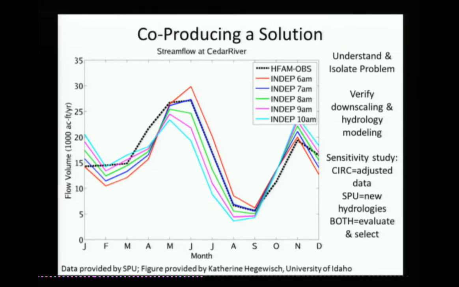And so like Joan mentioned, we first thought, okay, let's make sure the downscaling was right, the hydrology modeling was right, everything was fine, and we really isolated this hourly disaggregation issue. And together we have a meeting tomorrow, and we'll talk through and select the path forward for which hourly window we'll use going forward.